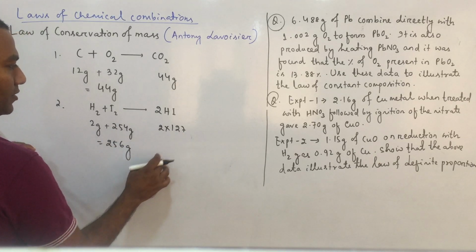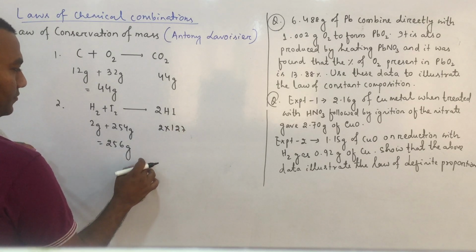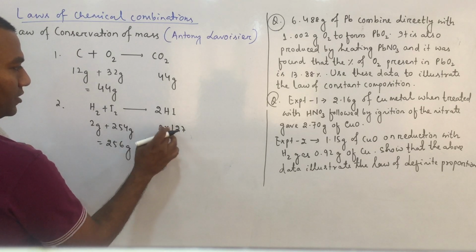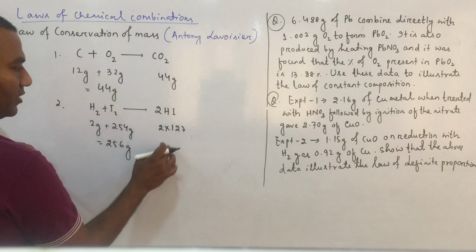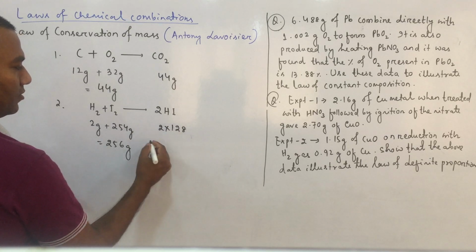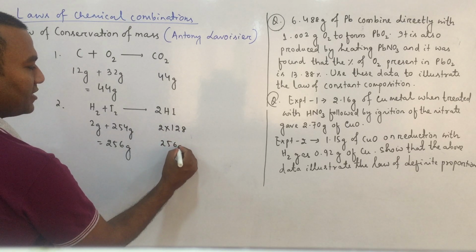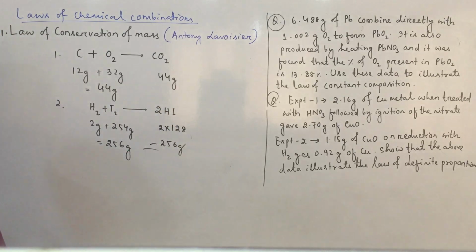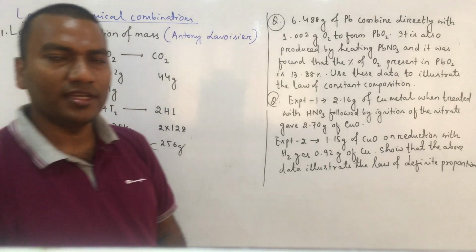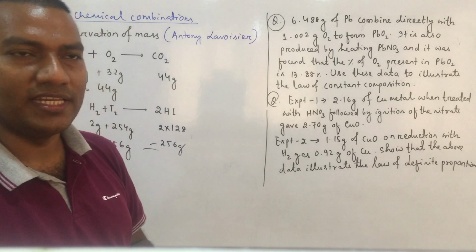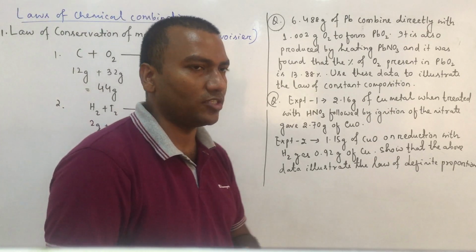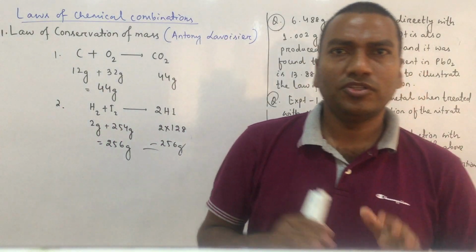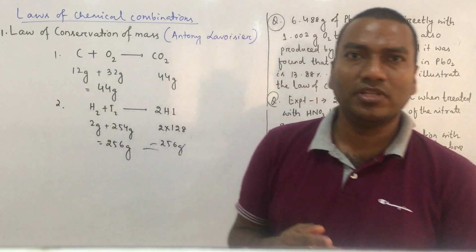So the mass of the reactant equals the mass of the product. Hence, the total mass of the reactant side is always equal to the total mass of the product side. Clear now? This is what you will remember in a chemical reaction.